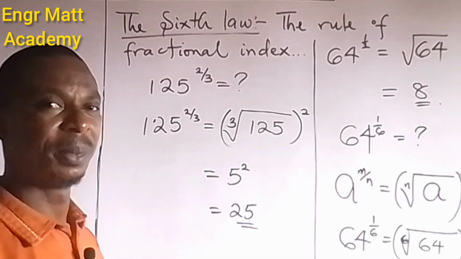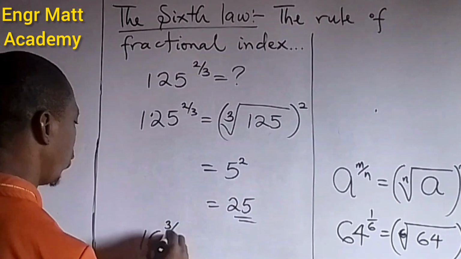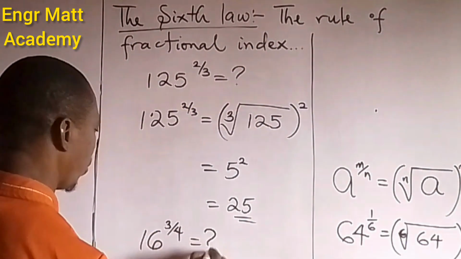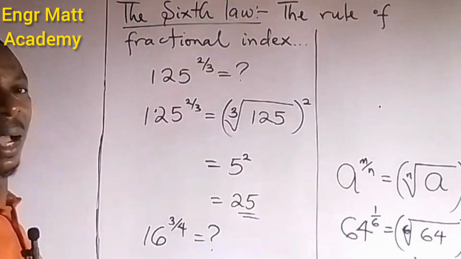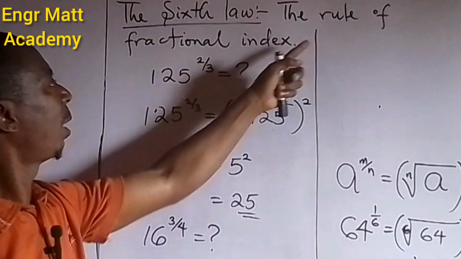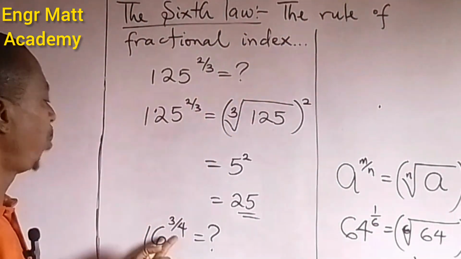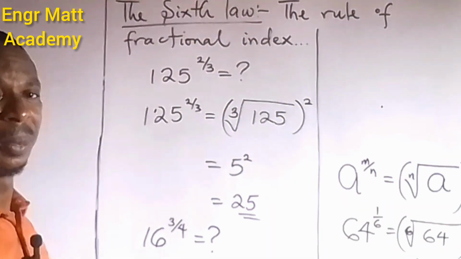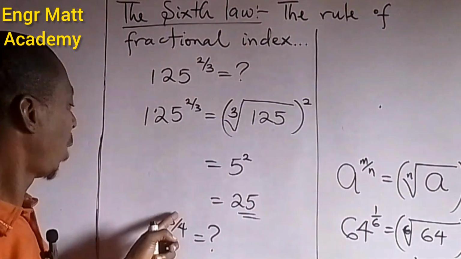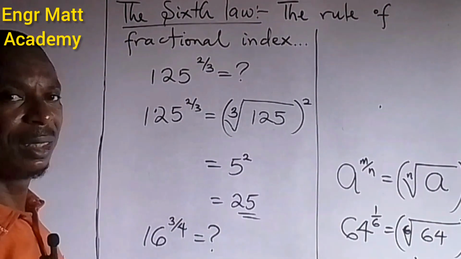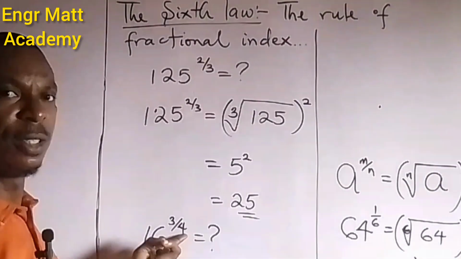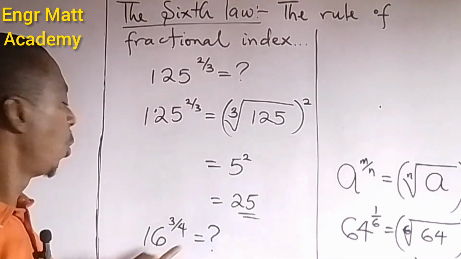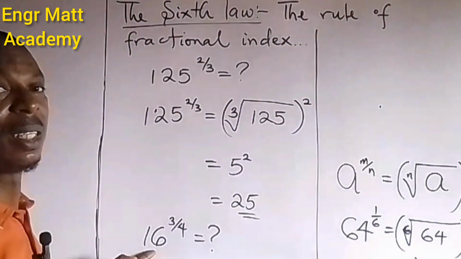Let's take one more. 16 raised to the power 3/4. Can we apply the sixth law? Yes. Why? Because the power, the index, is fractional. The power is a fraction. And what do we have in the fraction? We have the numerator being 3 and the denominator being 4. 4, which is the denominator, is telling us to look for the fourth root of 16.